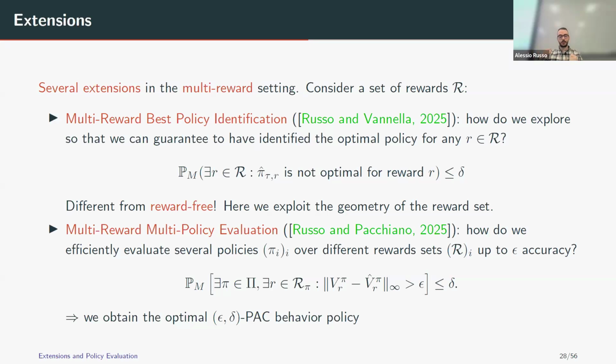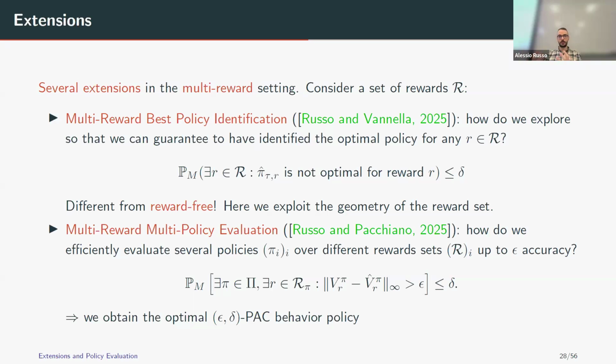So basically the question is, I give you a target policy, I give you also a set of rewards, and what I want you to do is, I want you to collect data, and when you stop, I will give you a reward from this set of rewards. And using the data that you have collected, I want you to be able to compute the value of that target policy for that reward up to epsilon accuracy.